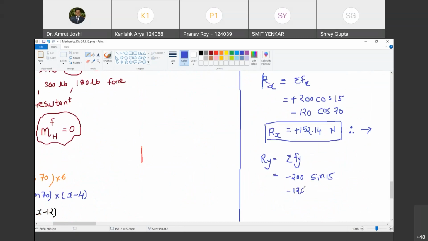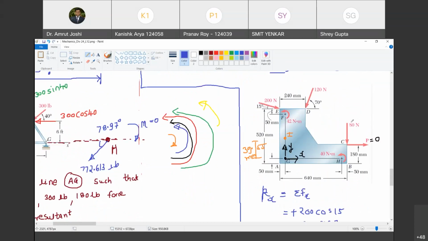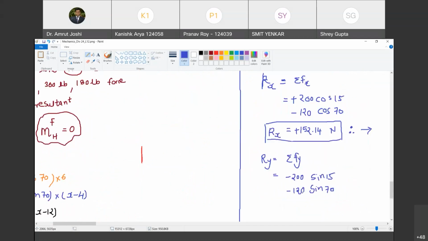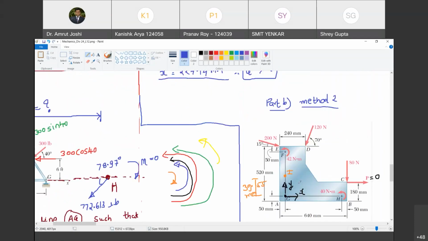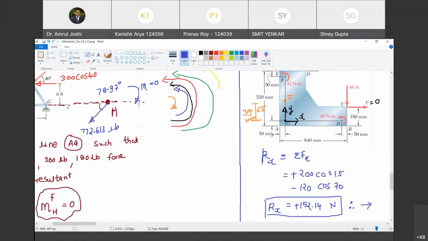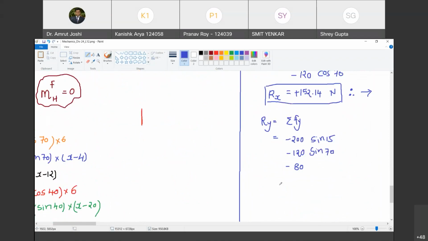Minus 120 sine 70. Are you with me? Yes, sir. And what about this 80 Newton force? It is also in negative y direction. So minus 80. Is there anything else? No, sir. Are you with me? Yes, sir.